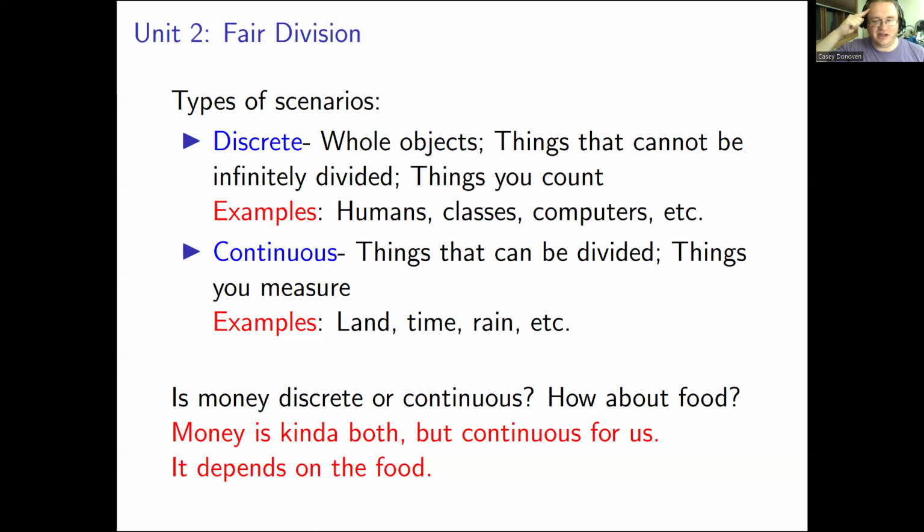We don't chop up human beings. Those are discrete objects. Whereas if I'm talking about farmland, well, it's land that we can divide up however we want. So that would be continuous. But what I'm looking for is your explanation, not necessarily just the discrete versus continuous.